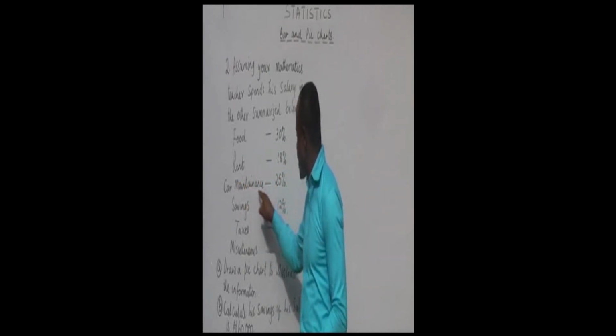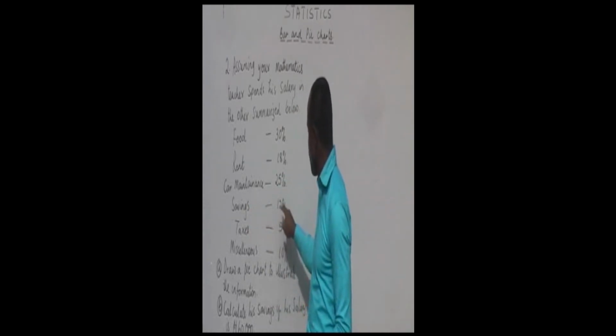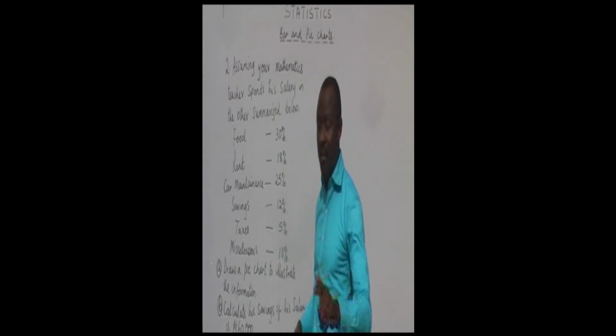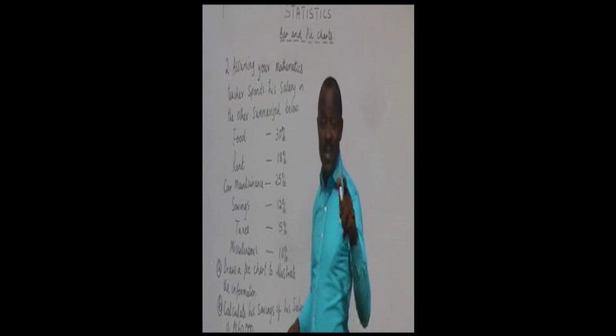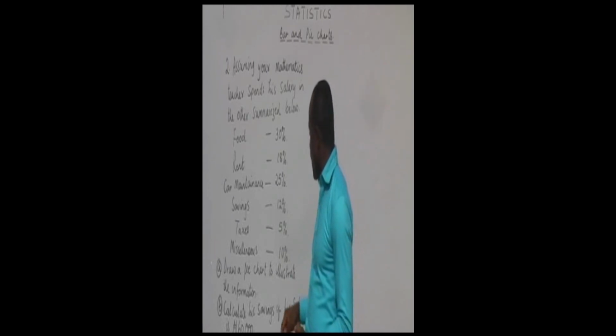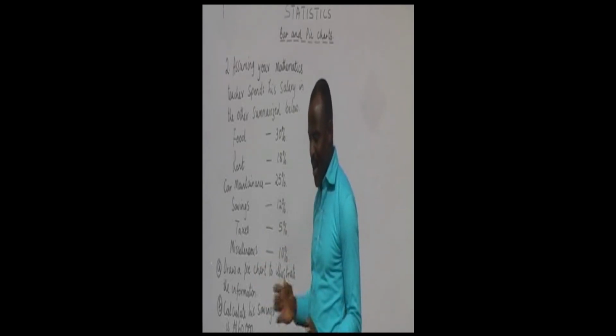On car maintenance, he spends 25%. Savings, he saves 12%. Taxes, both tax in school and tax in the government, and maybe tax in the place he is doing some, 5% taxes.